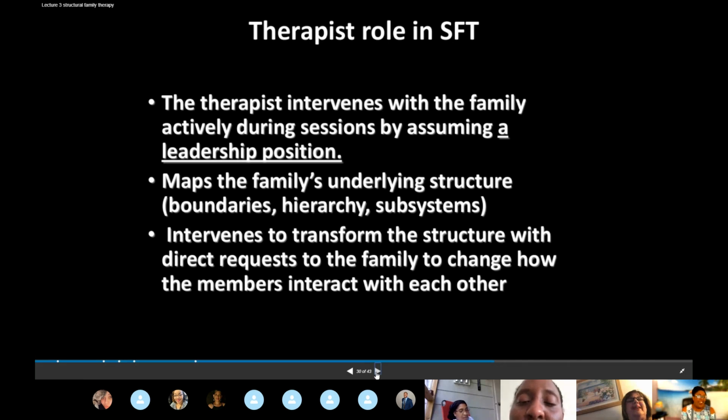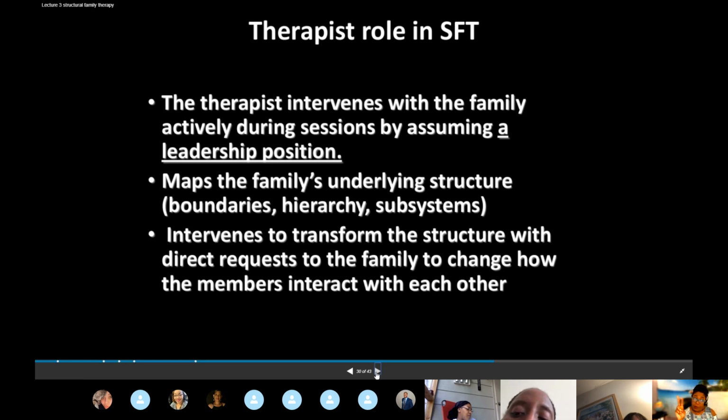So yes, triangulation is the 2 people. So if the dad and the teenager are getting along, and then the mom is not in there and the mom comes in to try to diffuse that, that could be triangulation. Okay? But certainly that's what that looks like, is when there's 3 of them.